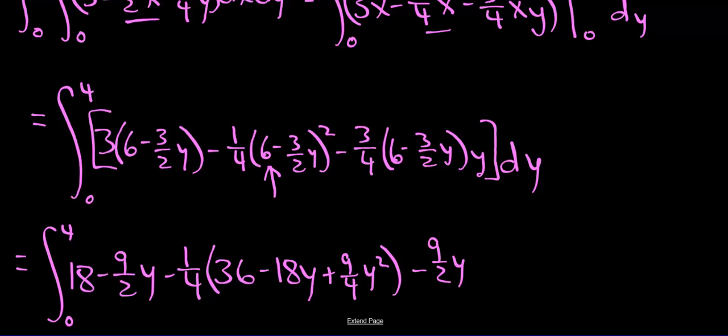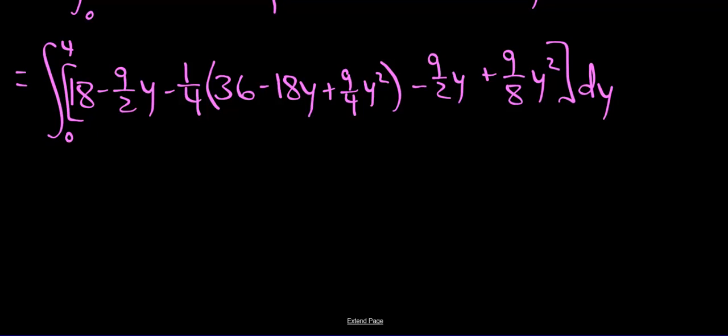Yeah, I think that's right. And then plus, here we go, this is going to be 9/8 y squared. Really? Huh. Okay, dy. There's what we've got. Seriously, let me know if I mess up, because I'm just a mortal person here.